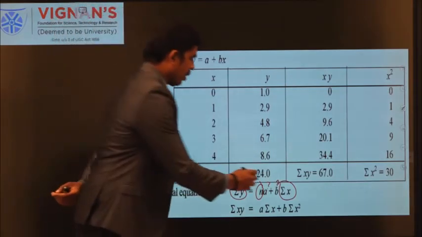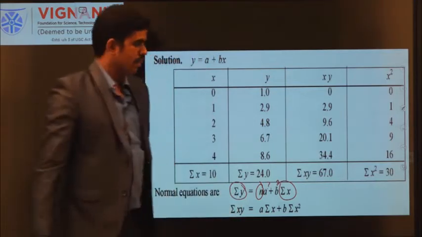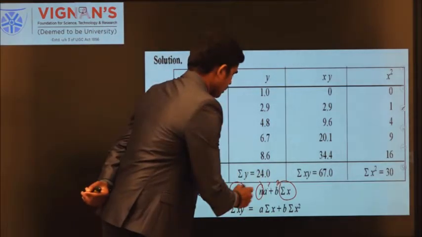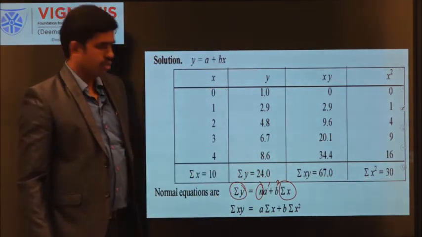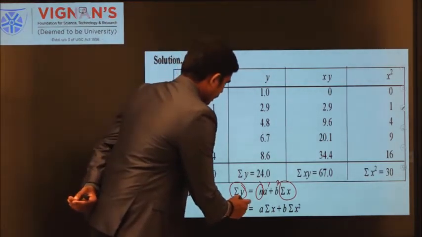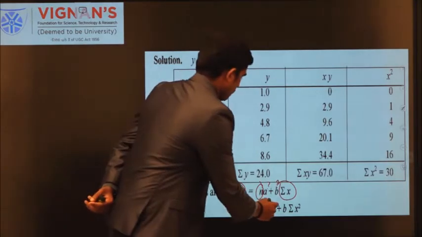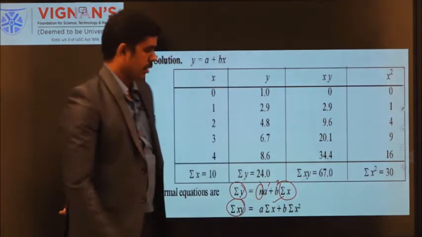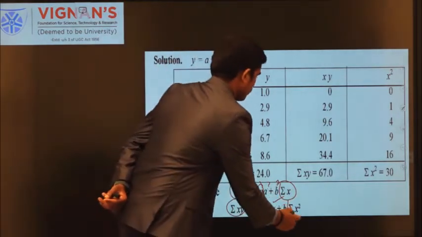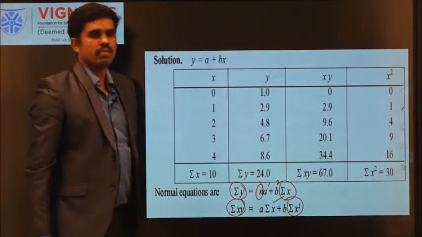In the first normal equation I want to find summation x and summation y, then only I can substitute. In the second equation I need summation xy. Summation x is already there in the previous normal equation. So these are all the values, summation x square.